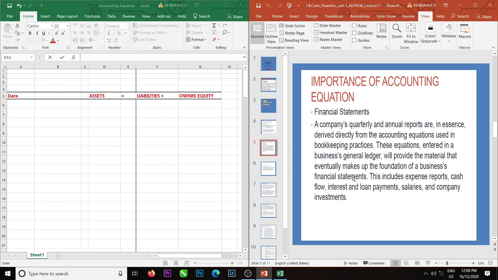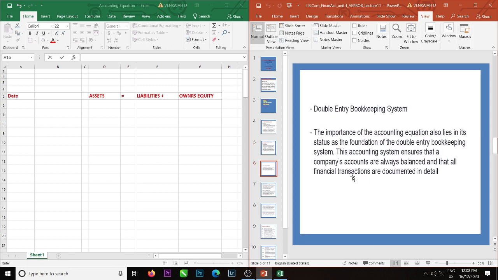So our financial statements are the output, but the input is financial activity, where this activity is put in the equation. It is the accounting equation, which is based on the double entry or dual aspect concept.